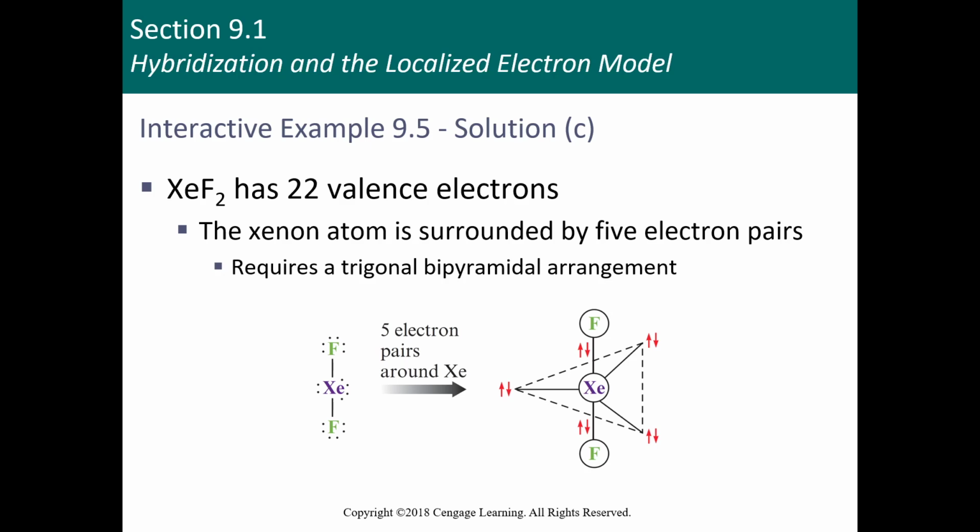And so this would be our dsp3 hybridization, wouldn't it? And this is going to make our trigonal bipyramidal structure. Again, a triangle, which are these lone pairs, and a fluorine going up, a fluorine going down to make pyramids. All right.